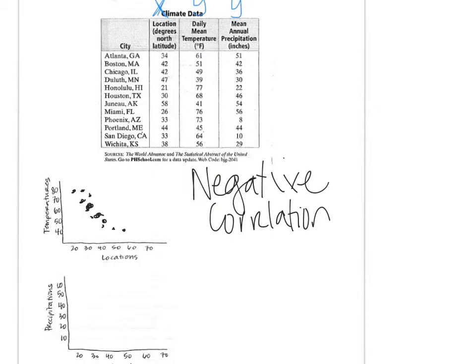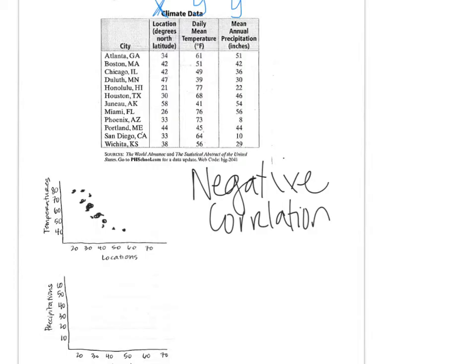That should make sense. If you're in, for instance, Honolulu, you're expecting it to be warmer. Same with Phoenix. If you're in Boston, it's more north than those other towns are, so you would expect it to be colder.